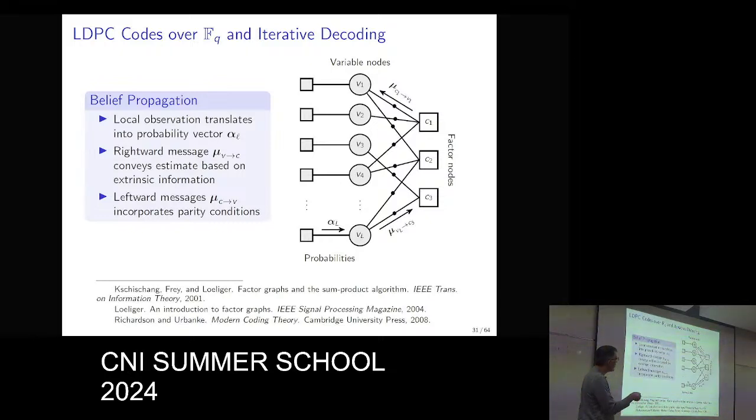But what do I mean by message passing? Here you have the symbols of your coded vector. When you created your codeword, you selected the symbols in a way that has redundancy, and you added the redundancy in a way that is easily locally checkable through check nodes. So you get these observations coming through the channel.